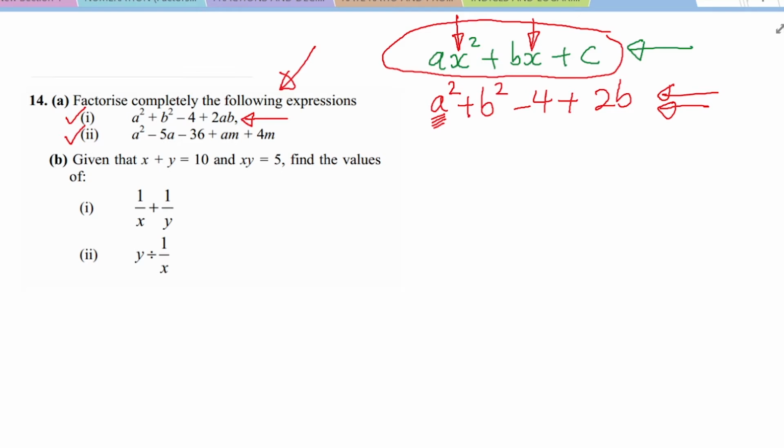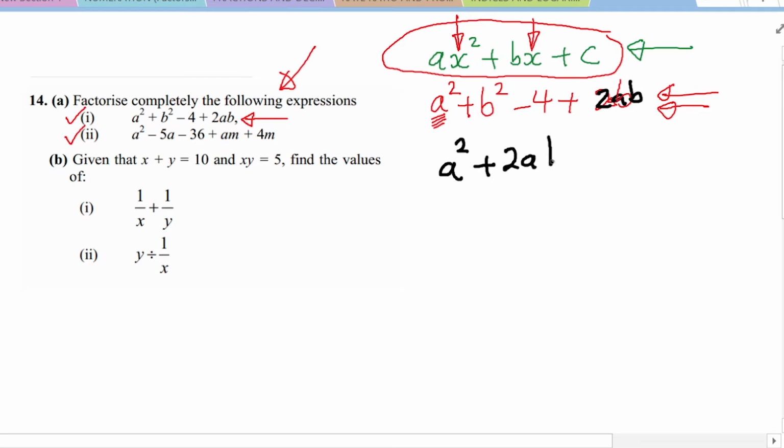So that means this is going to become a squared, plus 2ab, plus b squared minus 4.